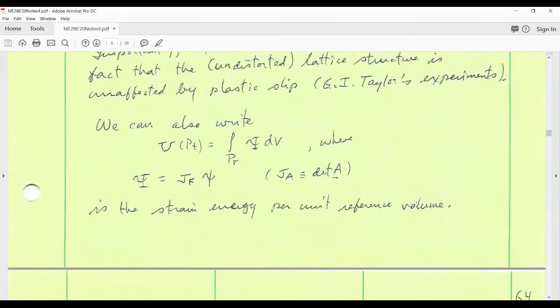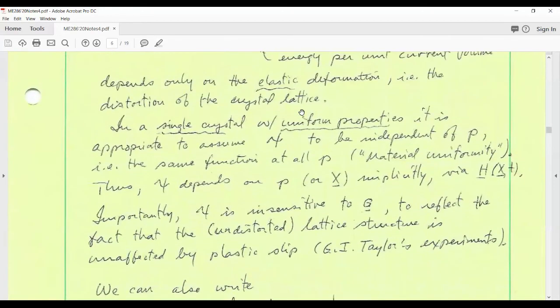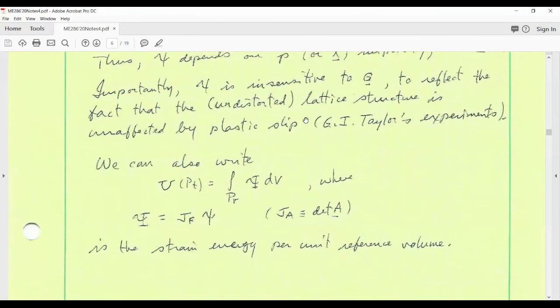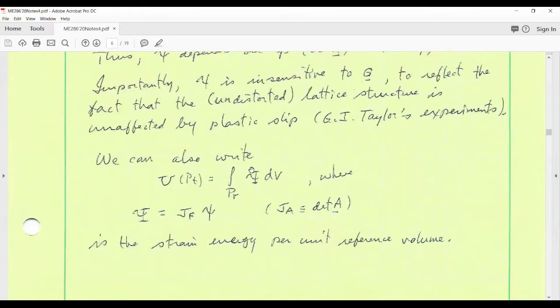Of course, we can introduce a strain energy per unit reference volume as well, just by doing the usual change of variable from the current configuration to the reference by introducing the J factor, the determinant of F. So small dv is J dV, capital V, and I can use that to define a referential strain energy density, as we did when we talked about pure elasticity.